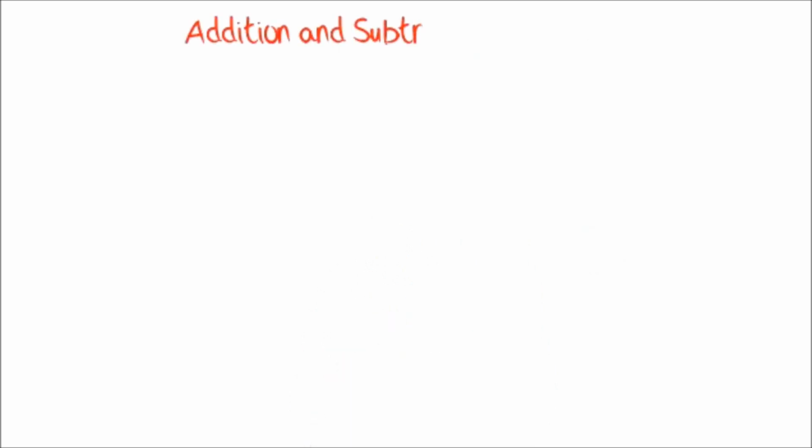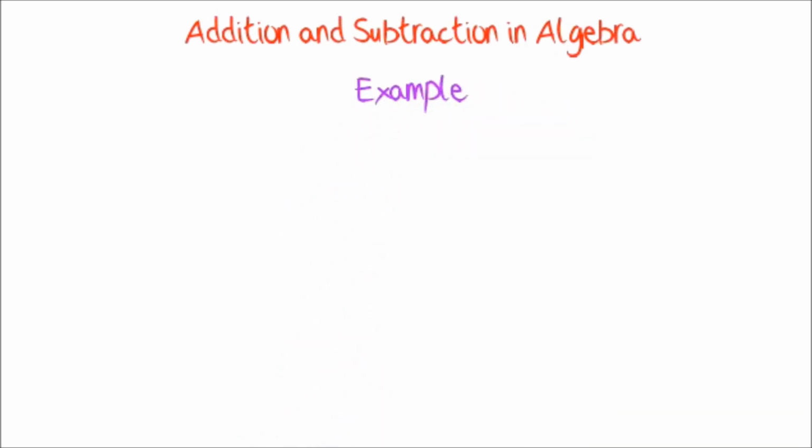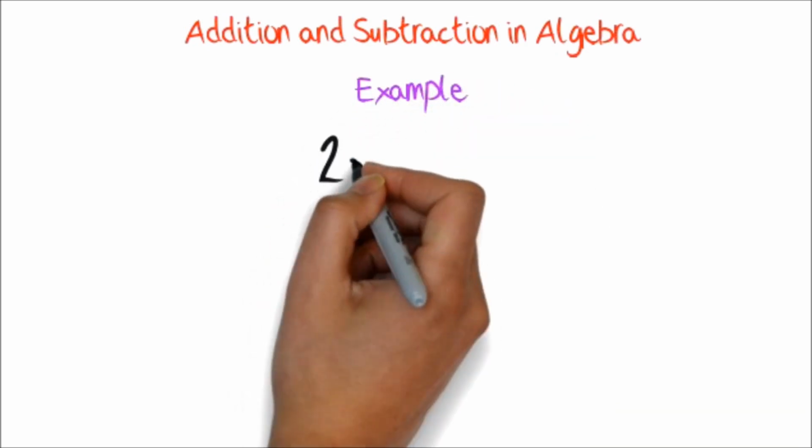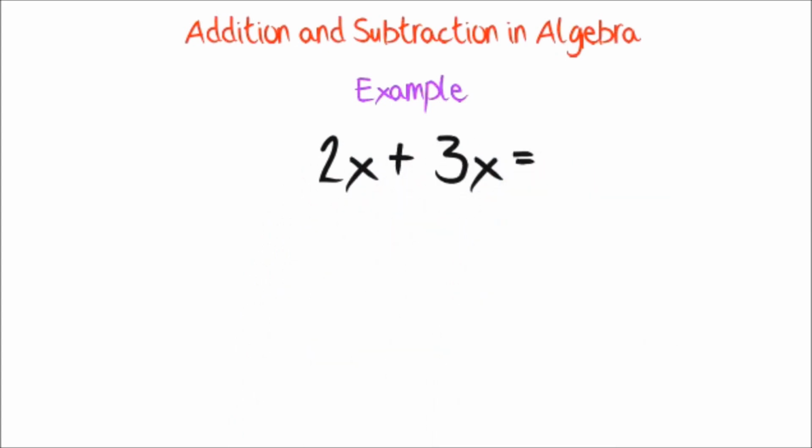Addition and subtractions in algebra. In algebra, it gets easier. We can only add things if the letters and their exponents following them are exactly the same. Example: we can add 2x and 3x because they both have x following the numbers.